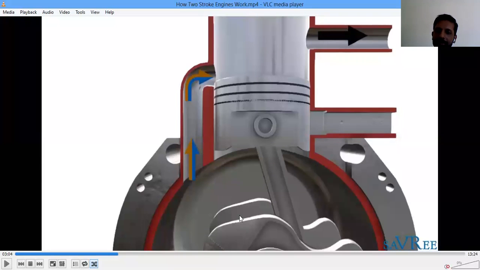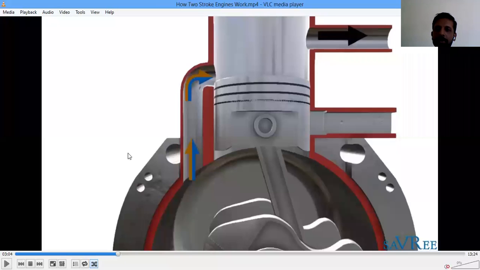It is entering from the crankcase region into the combustion region. You can see this arrow mark: all this air fuel mixture is going to come up into the combustion region, that is, above the piston. That is what happens when the piston moves from TDC to BDC.